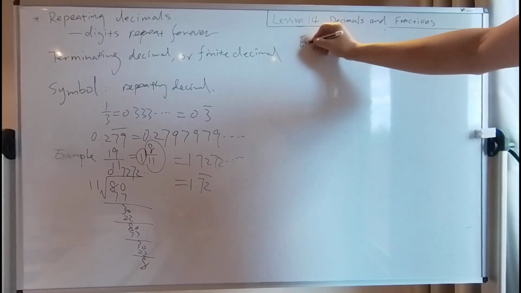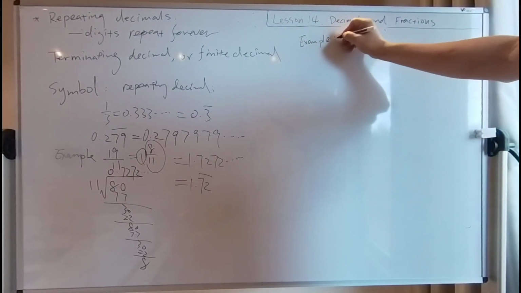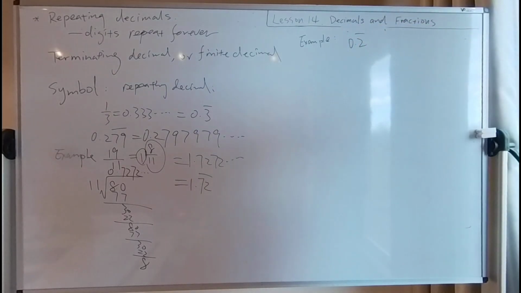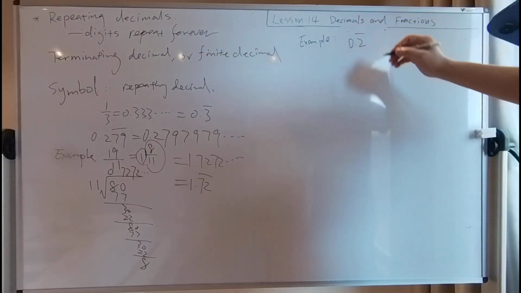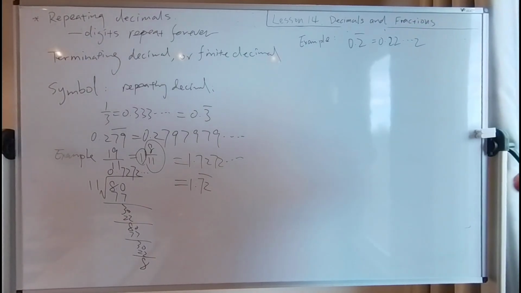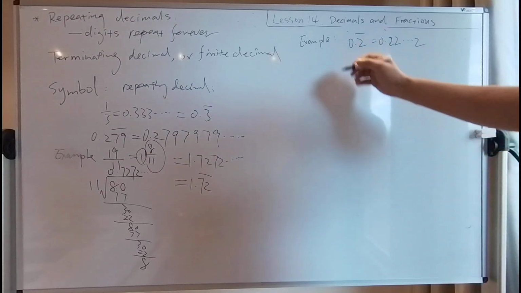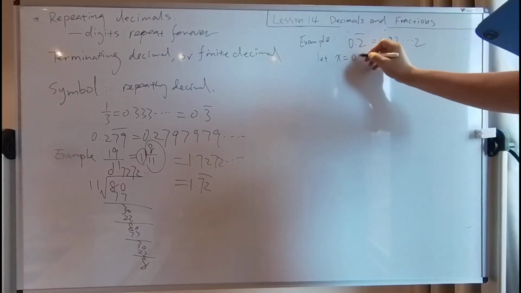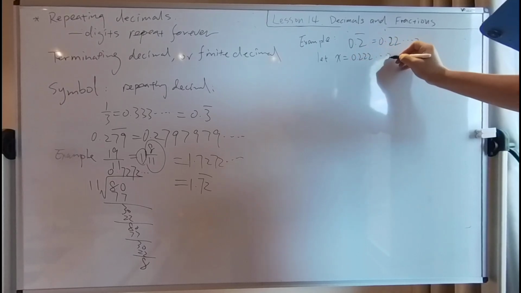So for example, if I have a repeating decimal 0.2, so that keeps repeating, how to convert this to a fraction? I remember I just showed the example of proving that 1 over 3 is equal to 0.333. So I can use the same way. I can let the variable x equal 0.222.